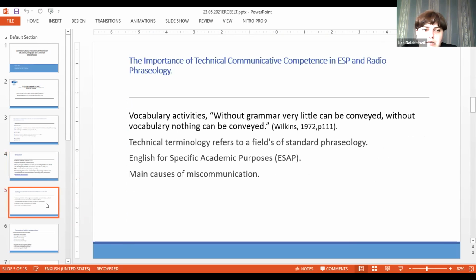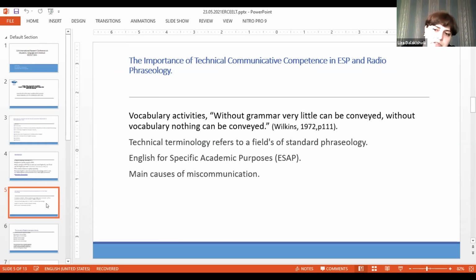Especially, the main task is to pay attention to vocabulary, as well as communication. Radio telephony communication occurs between the air traffic controller and the pilot only by radio telephony transmissions. So they don't have face-to-face interaction in this situation.